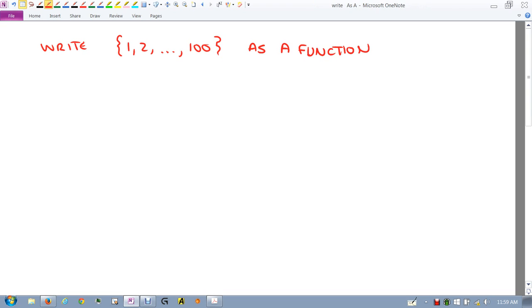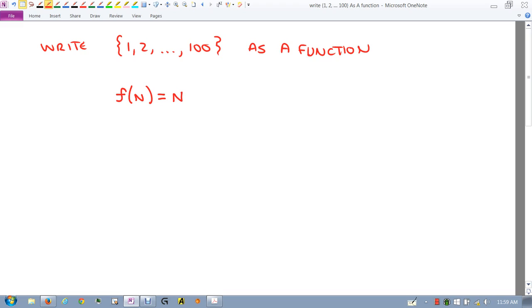So generate that list with a function. What would the function be? Just n, right? The function would be n. F of n is n. So you plug in 1, you get 1. You plug in 2, you get 2. You plug in 3, you get 3.